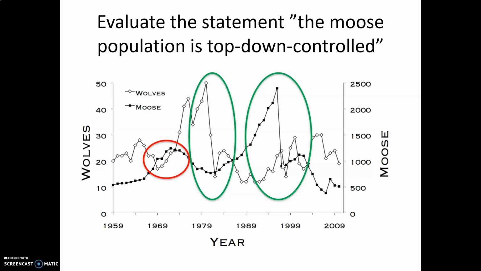We can also find, and there's more than one example, examples that contradict the statement, right? Because in this case, the wolf population increases, but so does the moose population. So this would be a counterargument using the data in the graph.